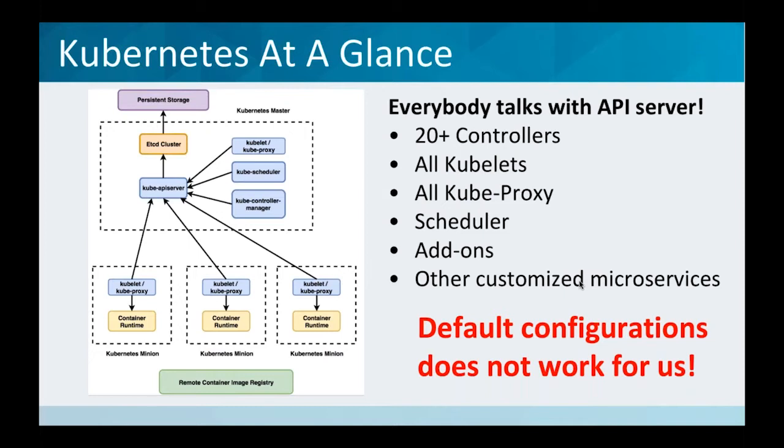Then the scheduler will do a patch operation to the API server to write into the pod spec, this is the node you should run on. Then this pod gets propagated to the kubelet running on that designated node. After kubelet receives the pod, it will continue to manage the pod's lifecycle according to its spec.